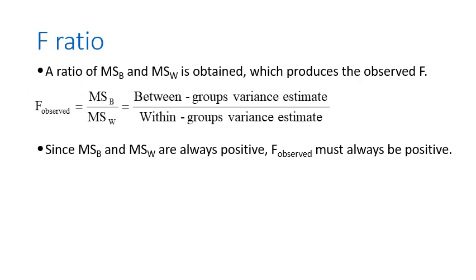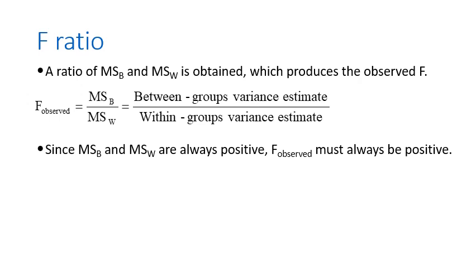A ratio of between group variance, mean square between, and our within groups variance, or mean square error, mean square within, is obtained. And we put our mean square between over our mean square within. So if our mean square between is greater than our mean square within, our F is going to be greater than 1. If they're equal, our F is going to be 1.